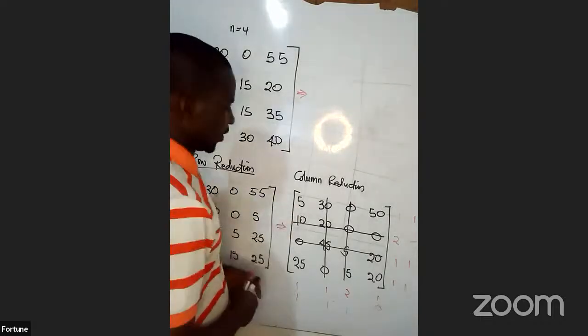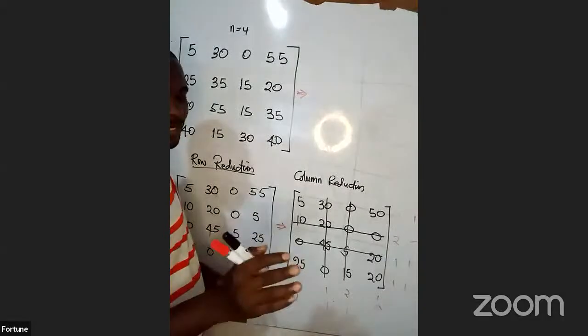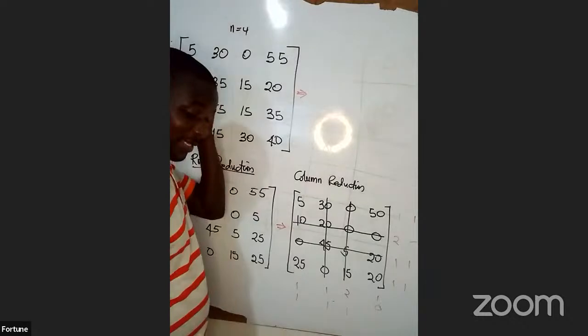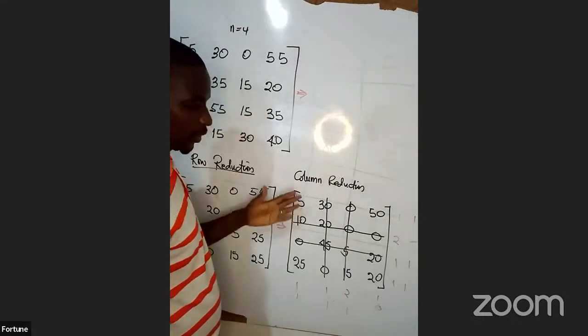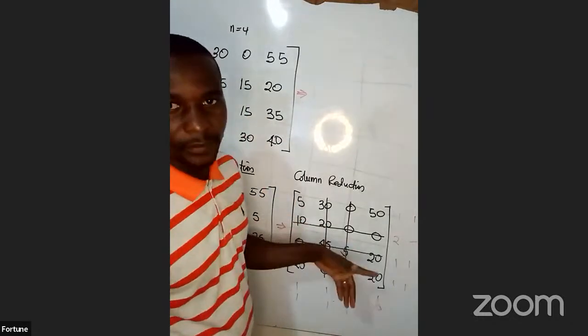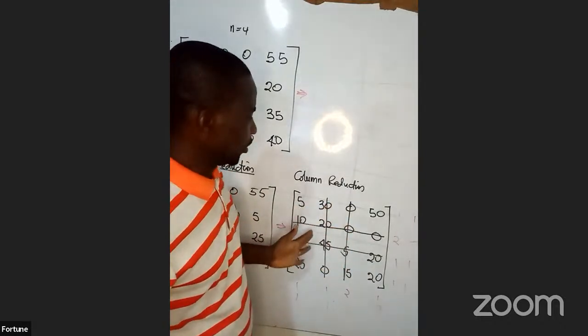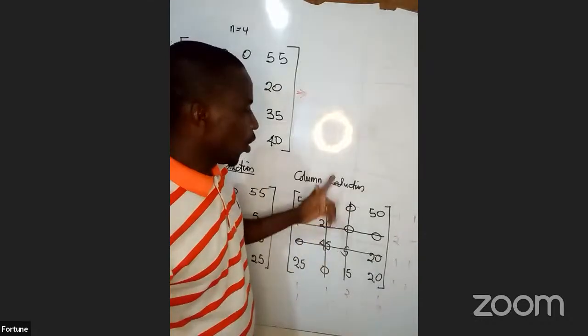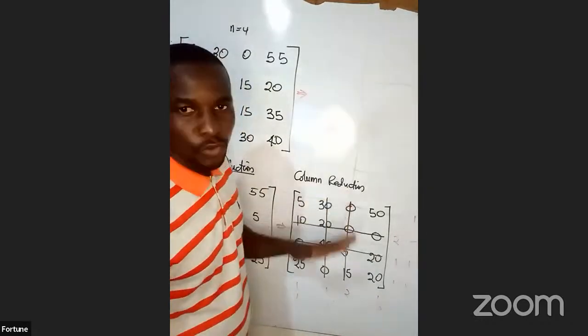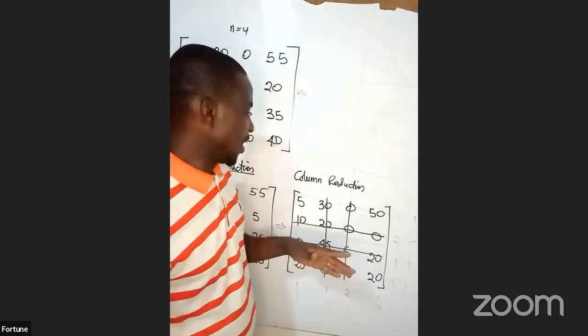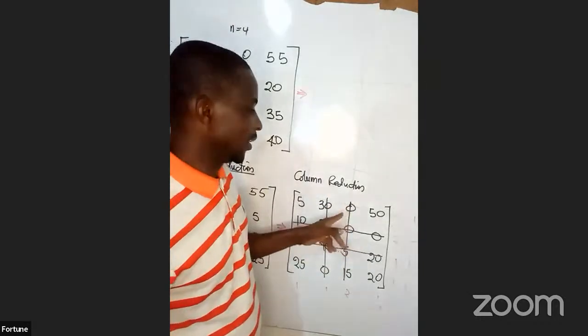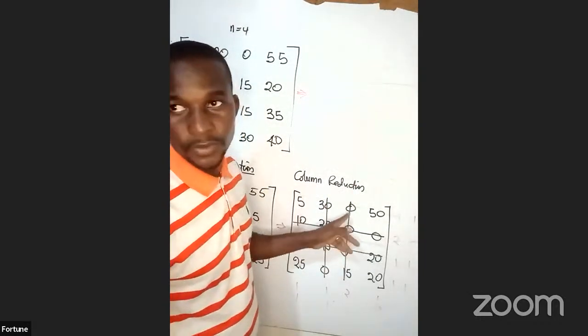So I'll rewrite this. But in assigning, take note, we mentioned earlier that assigning is the opposite of the cancellation we're doing. You're going to make sure that you look at the rows and columns. Always assign the row or column that has the least number of zeros.